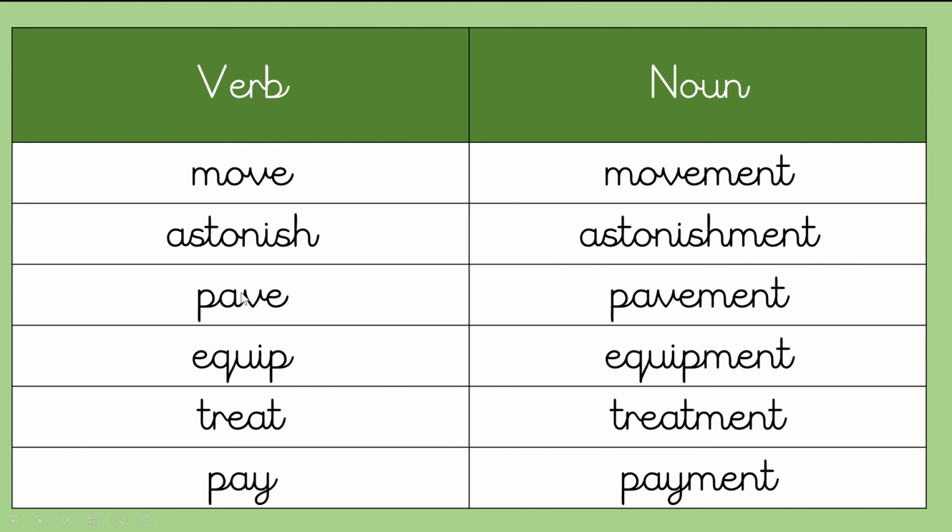Pave, that is when you put down blocks to make something that you walk on. Equip, that means when you get yourself ready, you get all the things that you need.